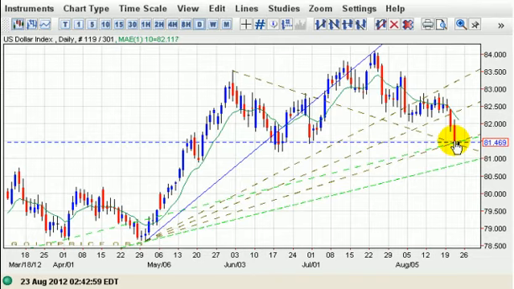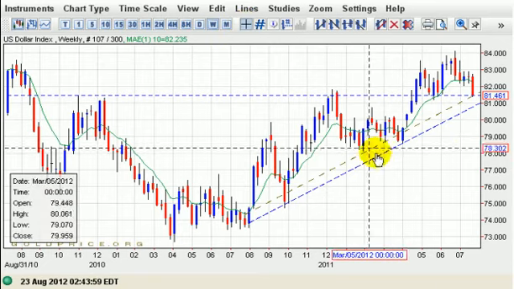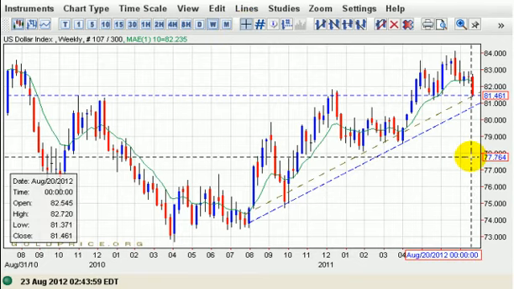While that said, even the weekly formation of the US dollar index here indicated that it has reached an initial support level at the 81.46, although the low here is already at the 81.37.